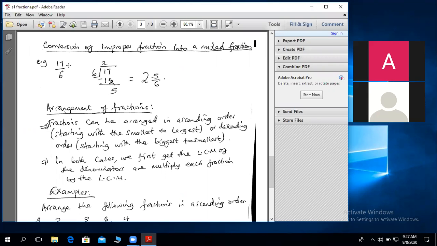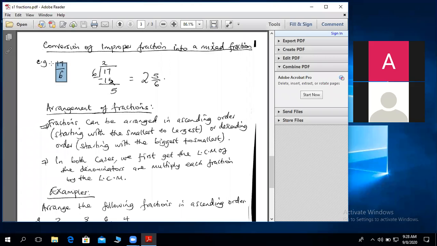Okay. Now, if you have 17 out of 6, and you are converting it, because this is an improper fraction, yeah? In primary, we used to tell you that having a fraction where the numerator is greater than the denominator is not allowed, because this is an improper fraction.